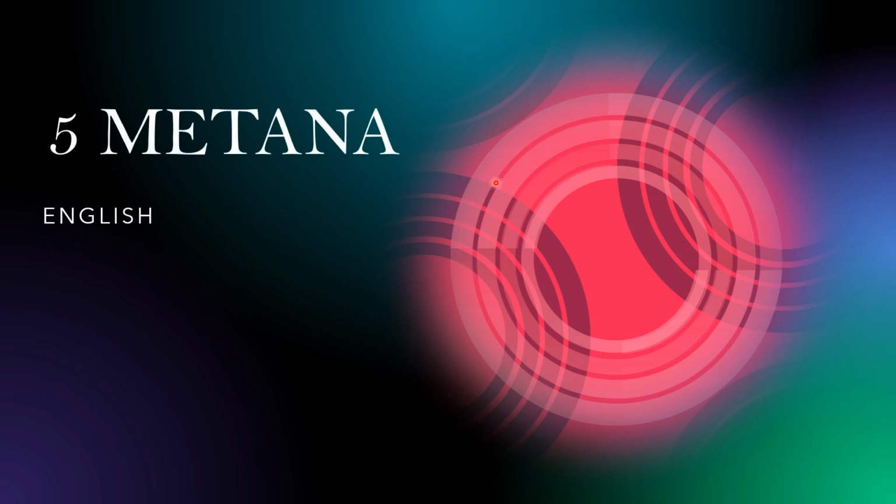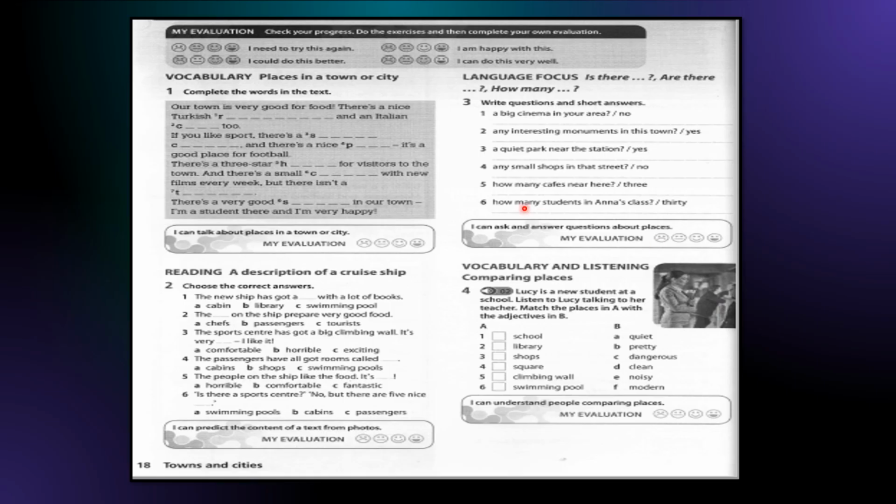So for 5 Metana today we are going to have English class. And we are going to use workbook on page 18 and 19. So on page 18 there are some evaluation phases.